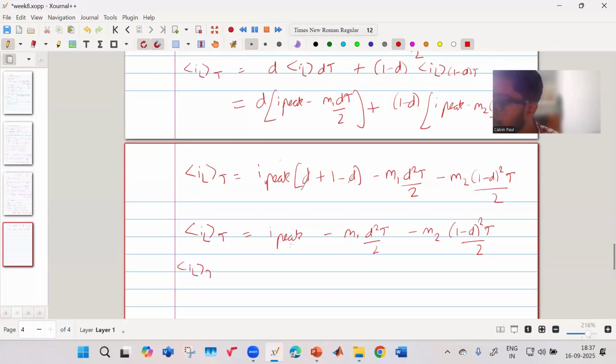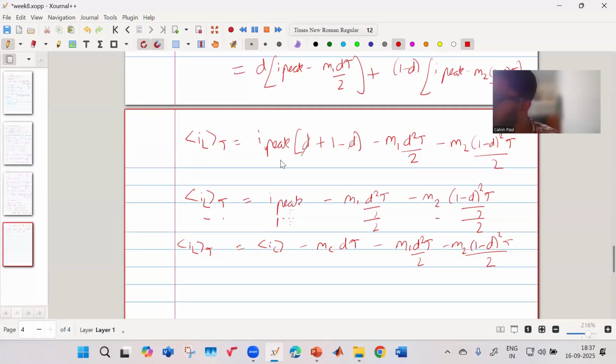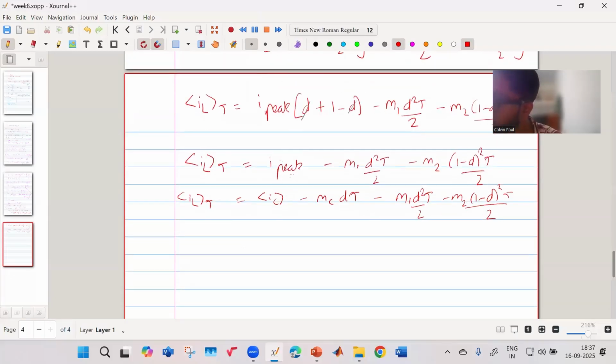So this IL of t is equal to average IC minus MC into dt minus m1 d square t upon 2 minus m2 into 1 minus d square t upon 2. So what we do is we take the d terms common.